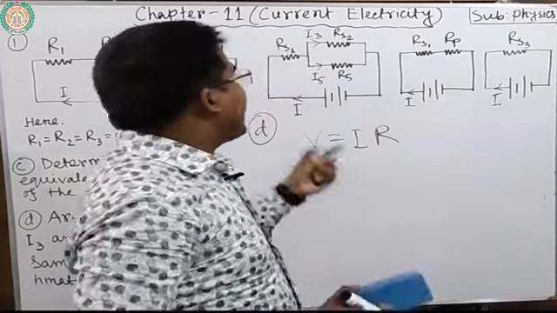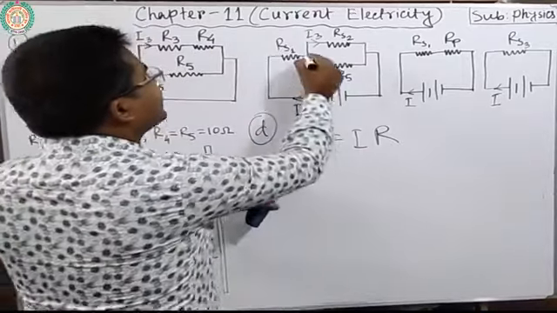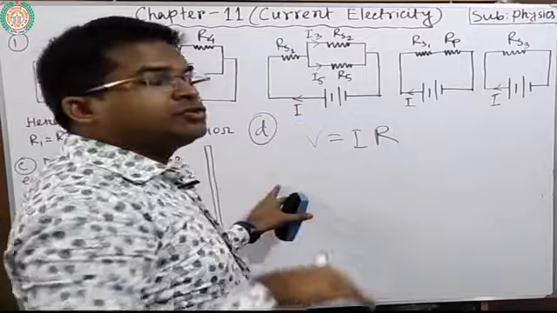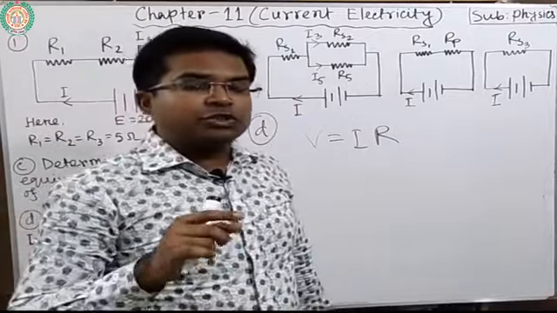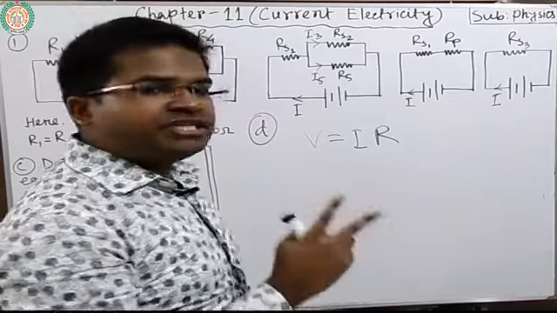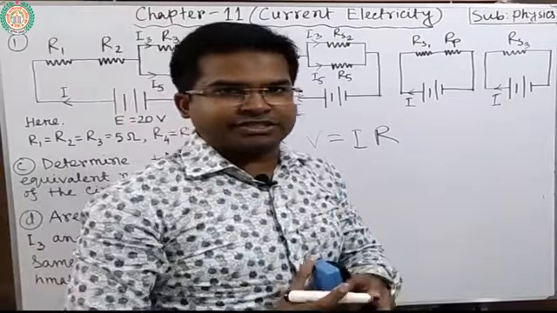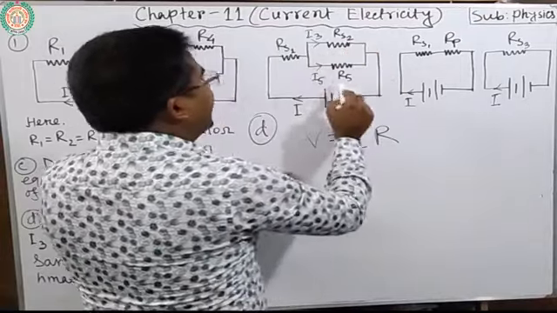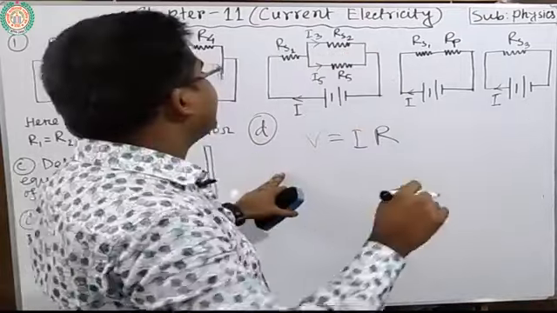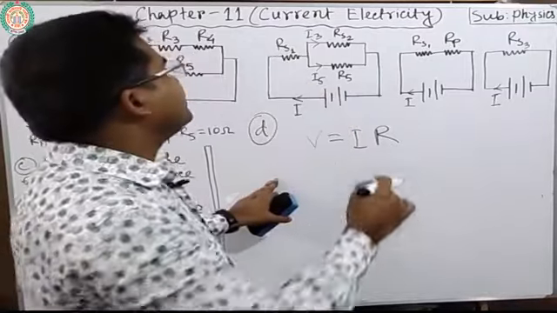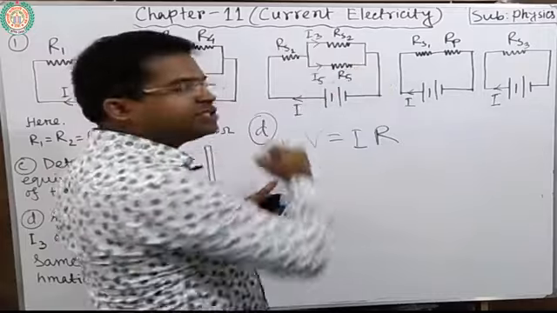So dear students, as we determine the I3 and I5 current, I3 current which is going through the RS2 resistance, so we have to determine first the voltage difference across the RS2 resistance, that means this resistance RS2, and as we determine the current of I5, we have to determine the voltage difference across the R5 resistance.